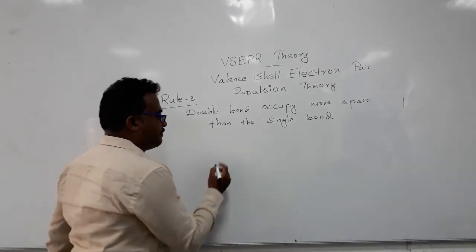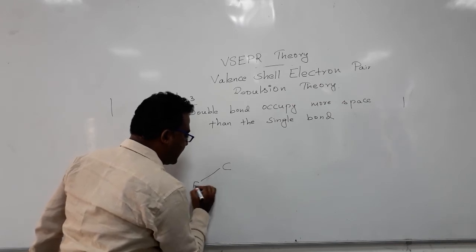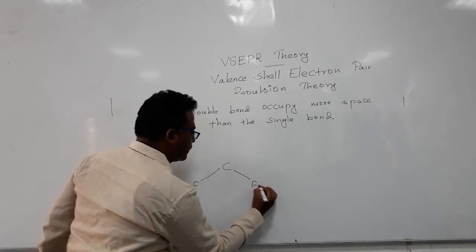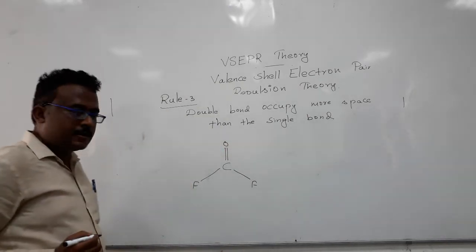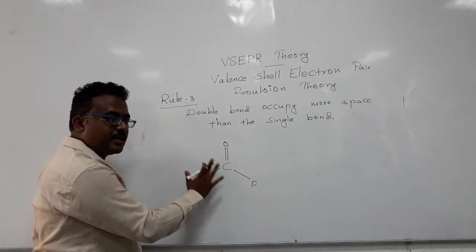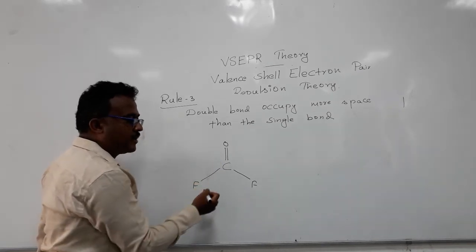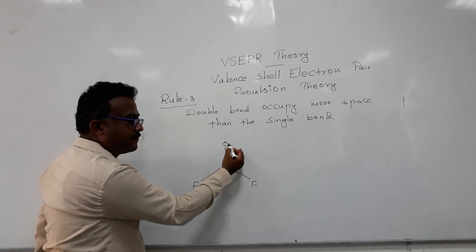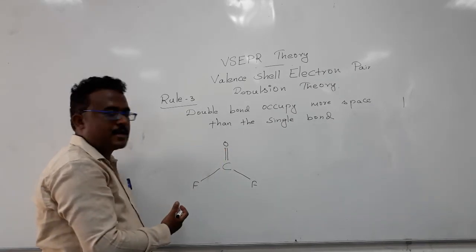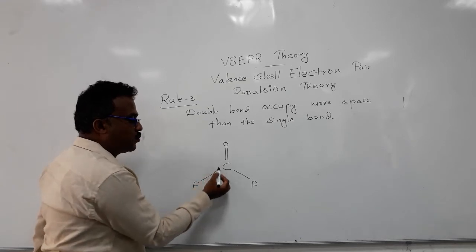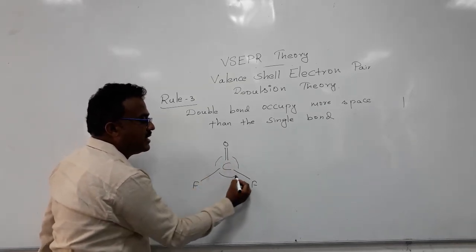The simplest example we have: you can compare a molecule of carbonyl difluoride. We know that carbonyl difluoride has a planar geometry, but when we come to the bond angle, the size of an atom of oxygen and fluorine is almost the same. So we can expect that all the three sides should be equivalent.